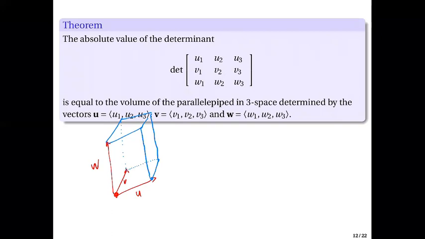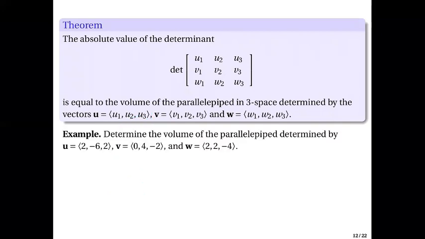But anyway, let us apply this formula to the following example. Determine the volume of the parallelepiped determined by these vectors here, u, v, and w.